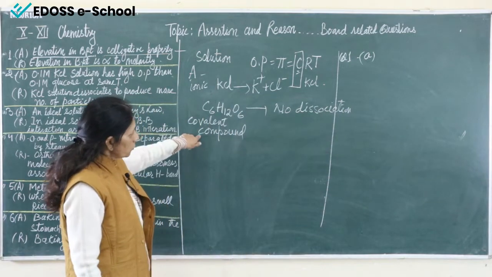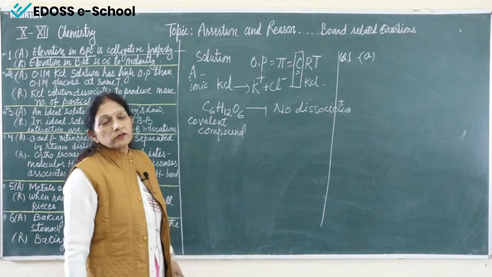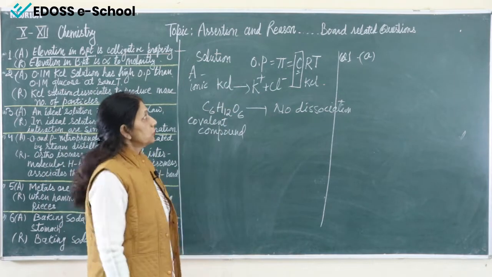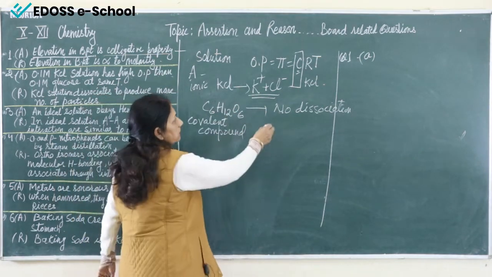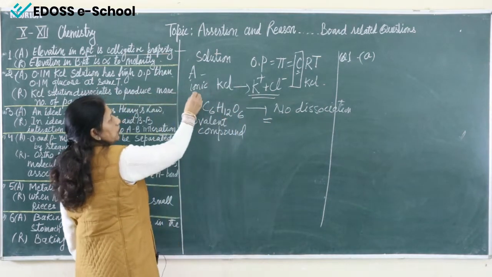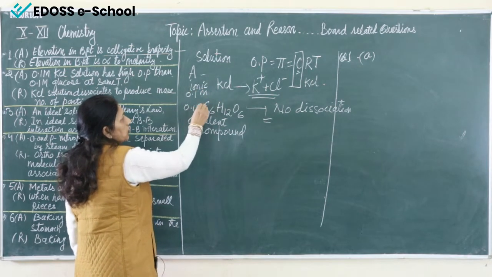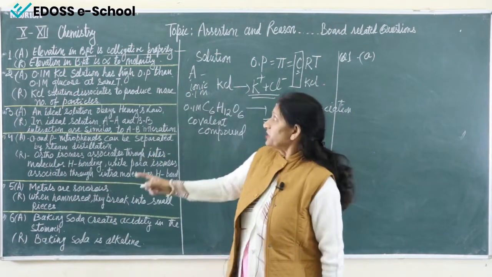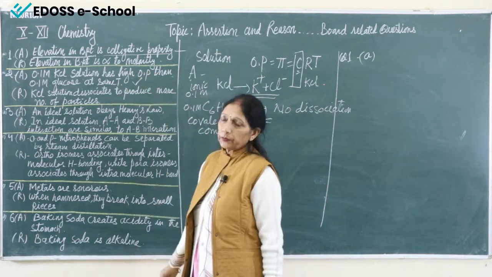Now, in glucose there are no free ions, but in KCl there are a sufficient number of free ions. So the concentration of particles in KCl will be more than this, even if the molarity is the same, even if this is also 0.1 m and this is 0.1 m. That means the assertion is correct. So for this question, this is right.